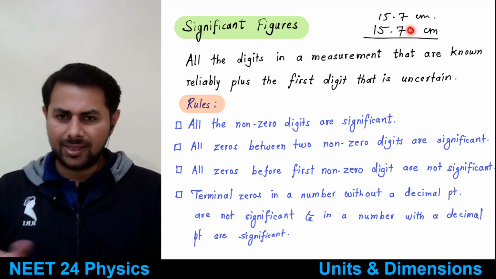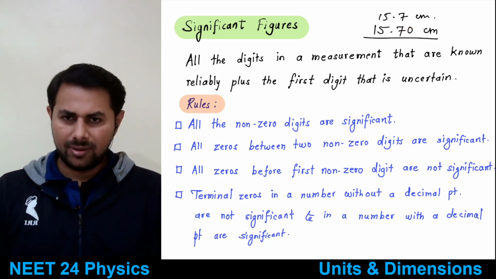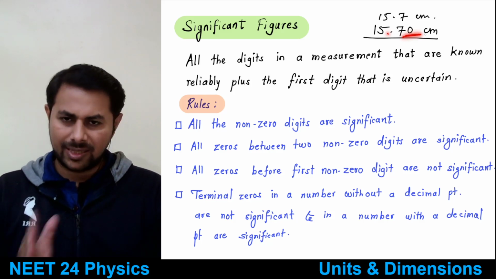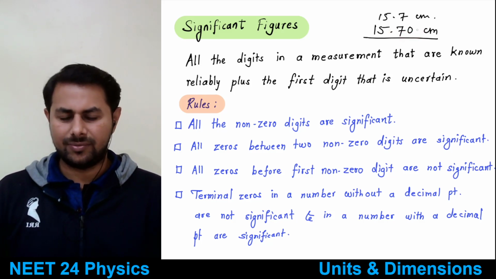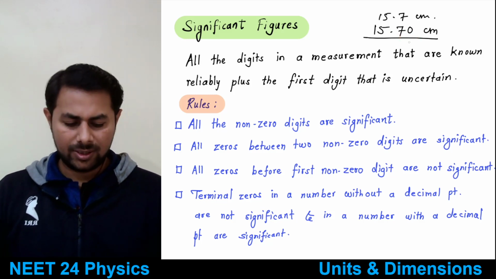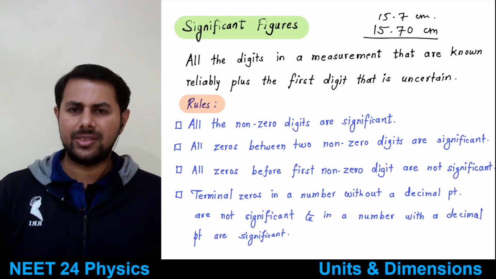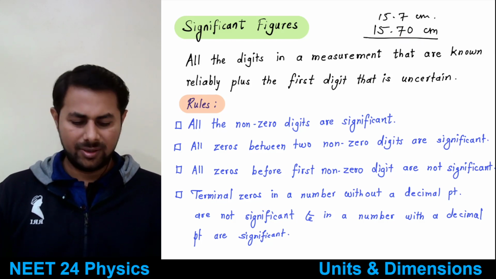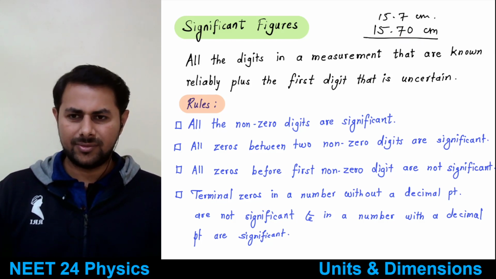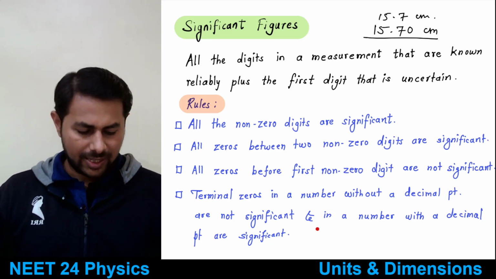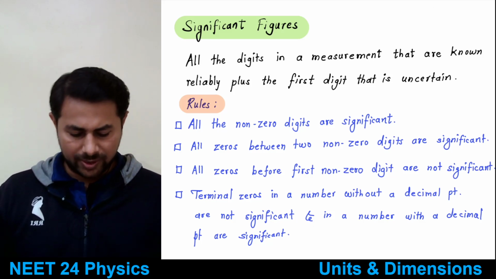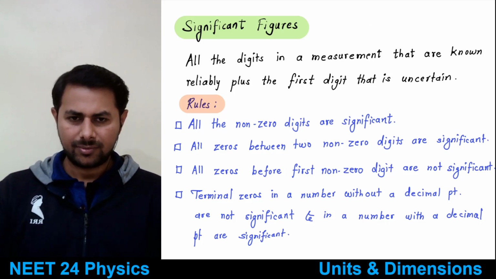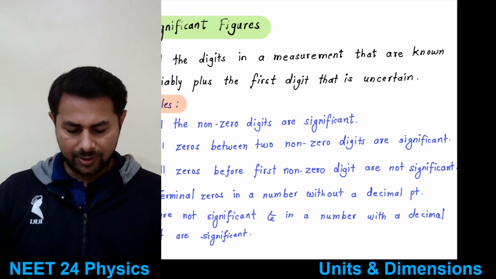So these trailing zeros, if you have a decimal point, tell you about the precision of the instrument. These trailing zeros tell you about what? The precision of the instrument. This thing is clear? Yes, no? So that's why they are important. They are significant. Okay, very good.